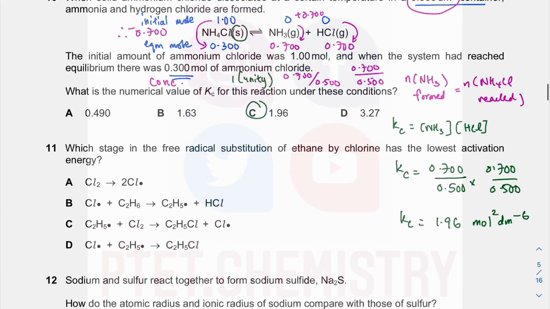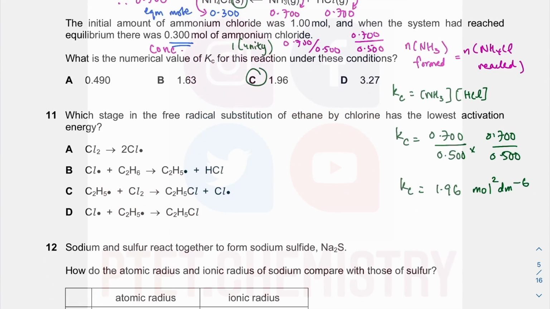Alright? Question 11. So we have substitution of ethane by chlorine. We are looking for the one with the lowest activation energy. Lowest activation energy will mean the fastest. The first one involves breaking a covalent bond. Only break Cl–Cl one time.